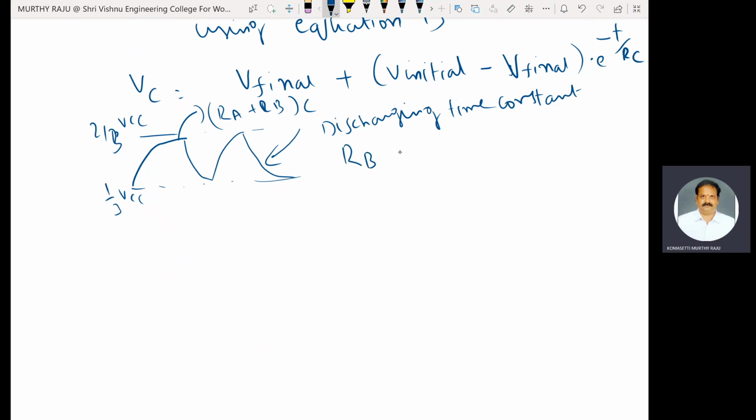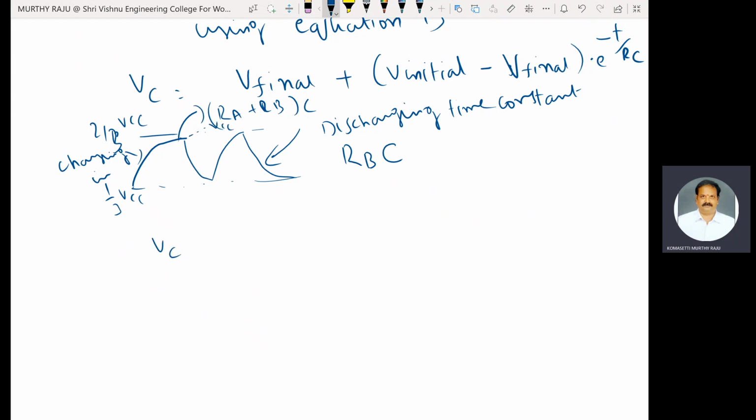Therefore, the time constant is RB into C. This is the charging. This one is the initial value. The capacitor voltage reaches 2/3 VCC, and finally at steady state it reaches VCC.